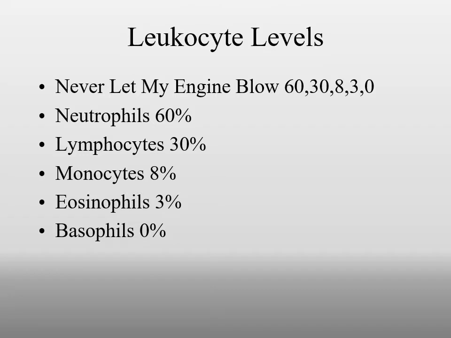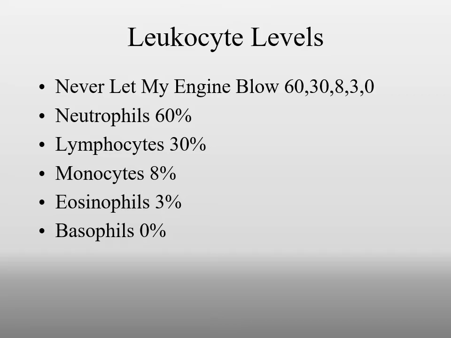Last thing to talk about are the white blood cells. The white blood cells are the component of our immune system that's going to allow us to attack whatever it happens to be that is coming after us, so to speak. This slide gives us a good way to remember the names of our white blood cells, as well as the relative percentage that we have.